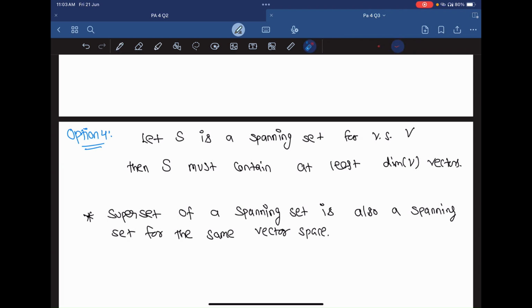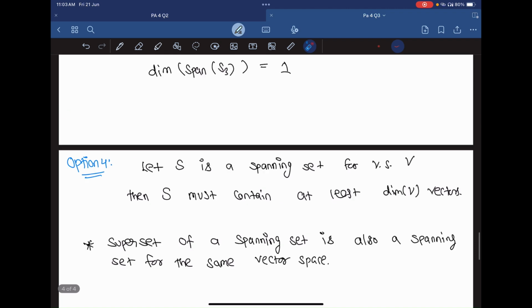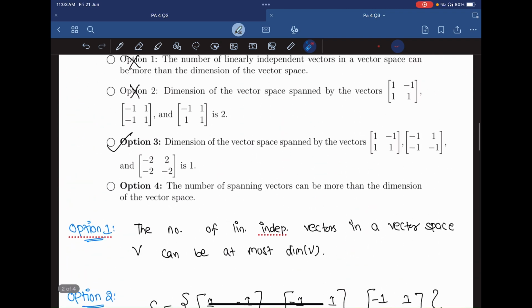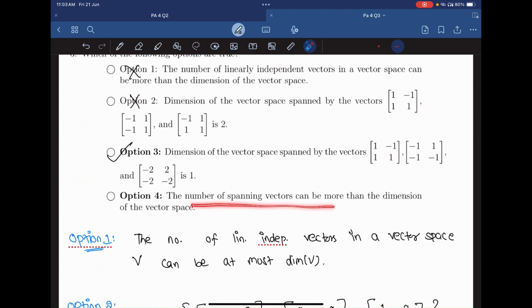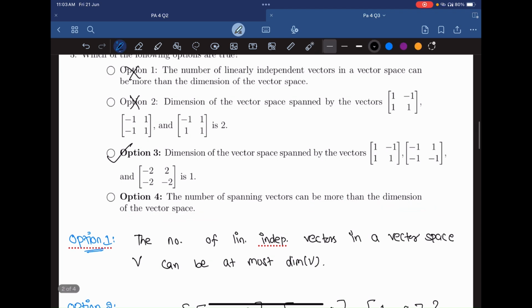So any superset of a spanning set is also a spanning set for the same vector space. This means that option 4, which tells that the number of spanning vectors can be more than the dimension of vector space, is true.